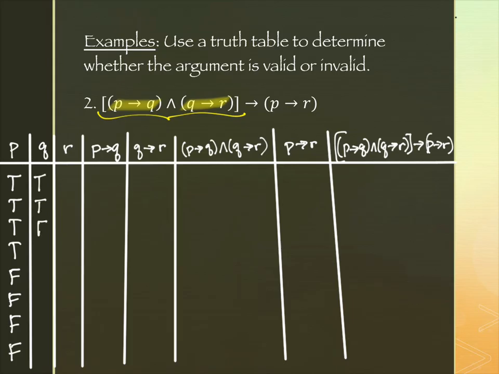True, true, false, false, and then true, true, false, false. How about column R? Alternating, very good. Thank you, William. So we have true, false, all the way down. Okay. Ready to do some arrow statements?